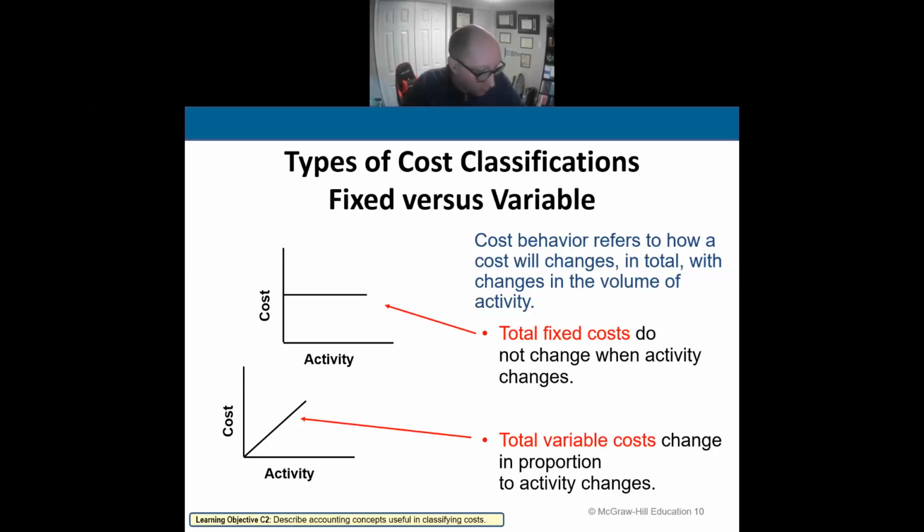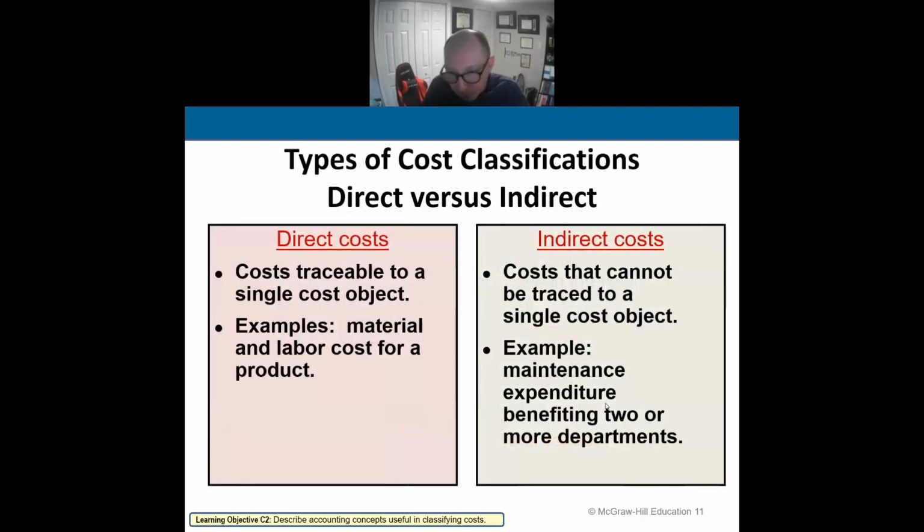The more I use my electric, the more I run my water, the higher my utility bills are. Makes sense? Those are examples of variable costs. And so we have fixed costs and variable costs. Those are the classifications of cost. There's a few more, and we'll get into it.